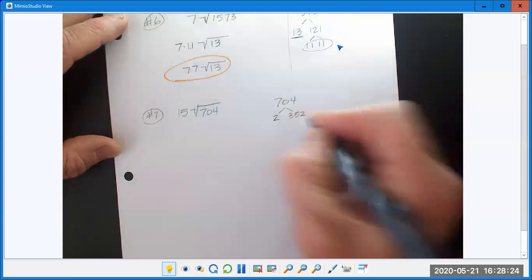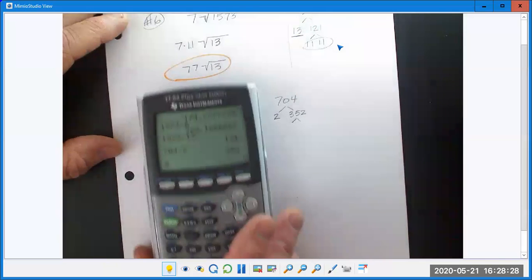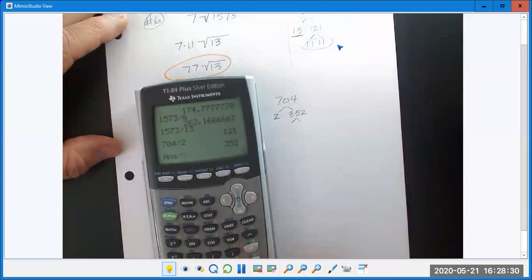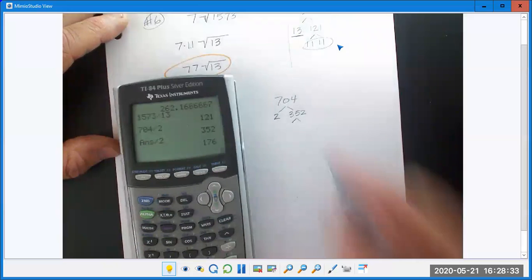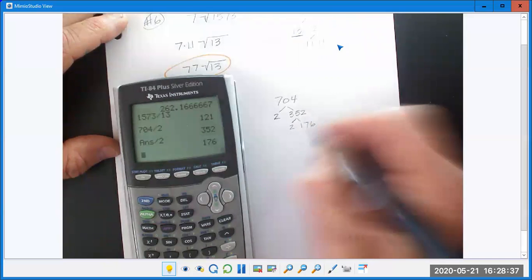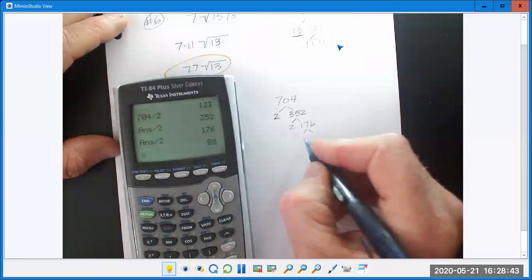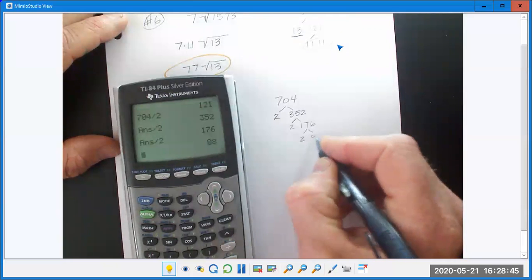I'm going to write out 2 as my factor here. Divided by 2 is going to be 176. I can still continue with 2. 88. So 2 times 88.